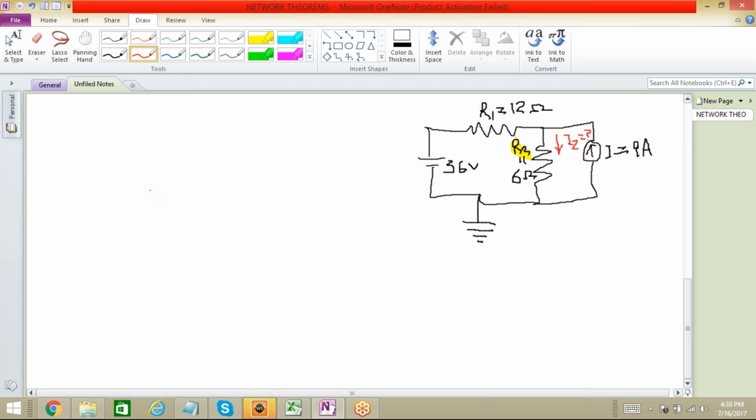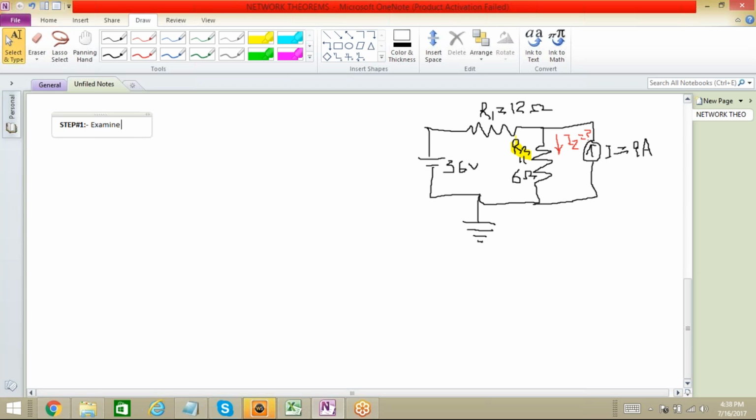So first of all, let me try to solve it. Step number one is to examine the effect of 36 volt. For this, we need to replace the current source with an open circuit.